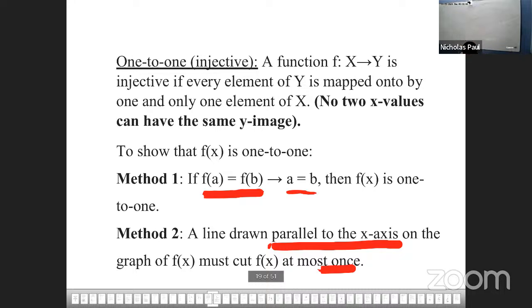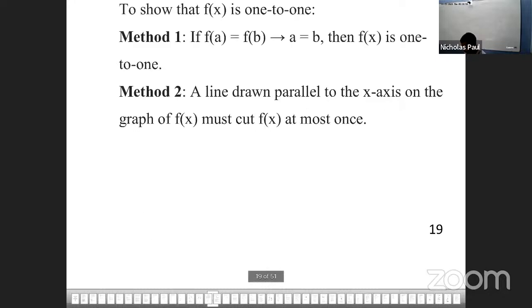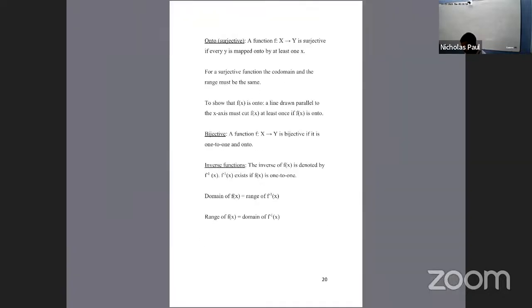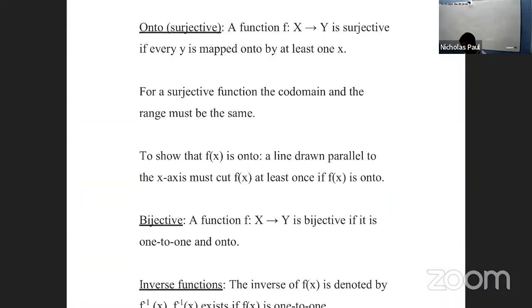Right, next thing, how do we show surjective now? To show one-to-one, you can use our little formula: plug in a and b, and then next you can sketch a graph and do a horizontal line. And the last thing that we need to remember in functions is how to show a function is onto.